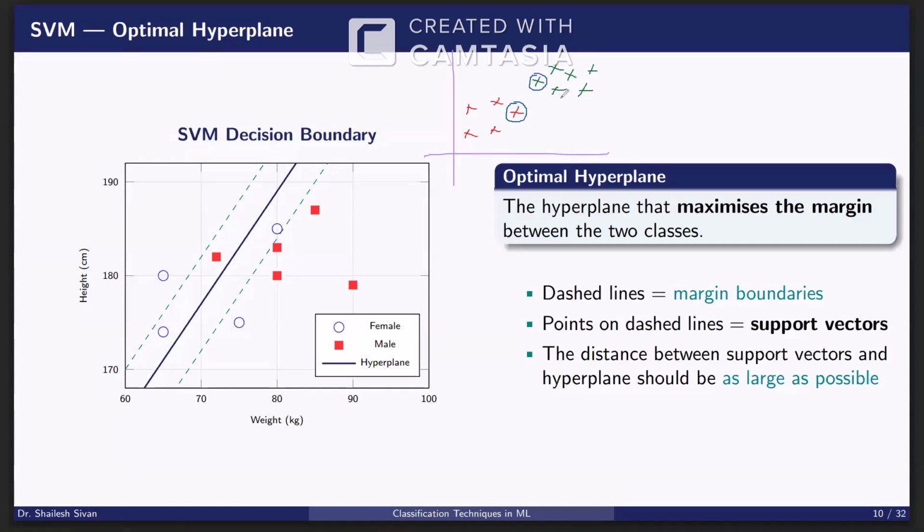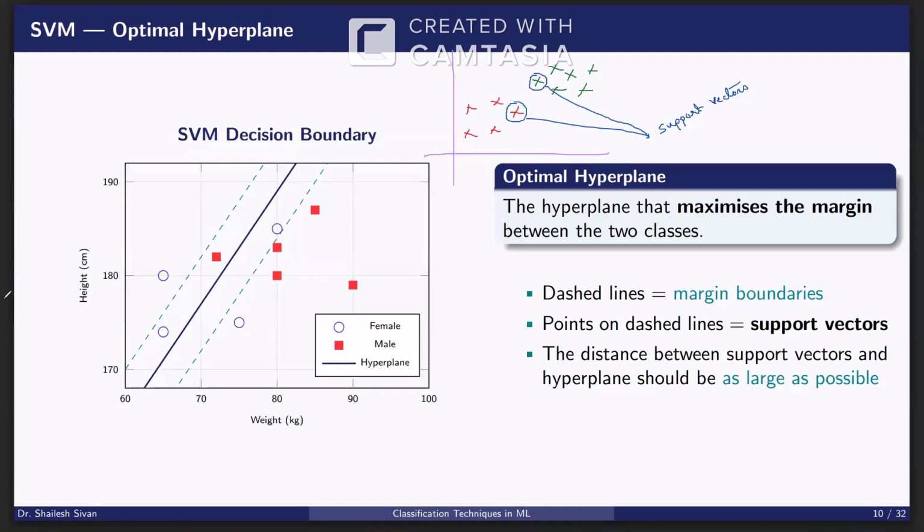Which are nearer to our boundaries. And these observations are called support vectors. What is that? Support vectors.